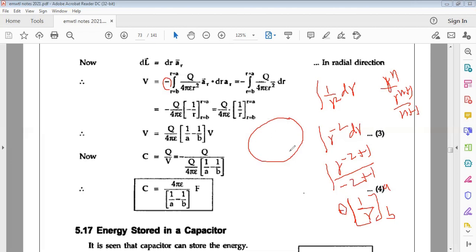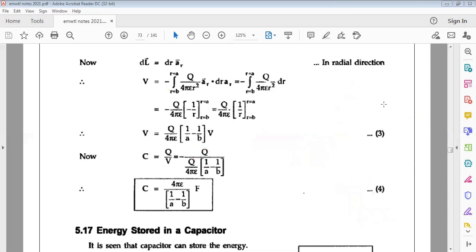So for that I am taking the point charge electric field intensity. Q gets cancelled, and C is equal to 4 pi epsilon naught divided by 1 by A minus 1 by B.